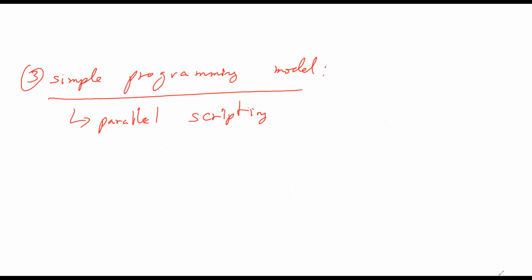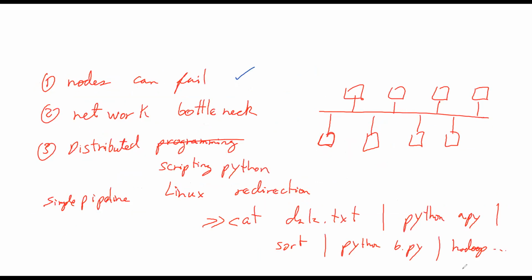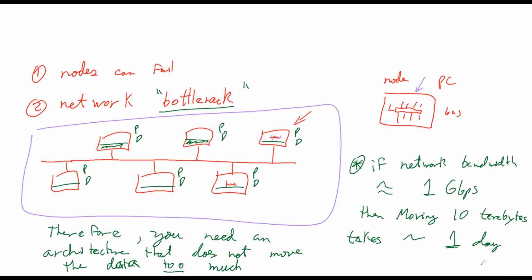And then we've talked about what the goals are, right? So dealing with nodes that can fail, network bottleneck, etc. We've talked about the pipeline here, okay? And then basically how you build a network, where you want to have at least 3 computers. You always have a computer that coordinates, and then you have computers that are delegates.